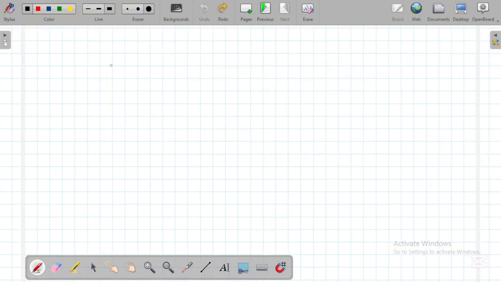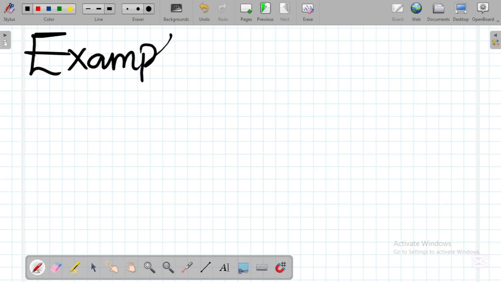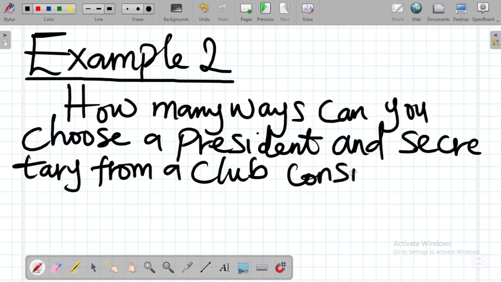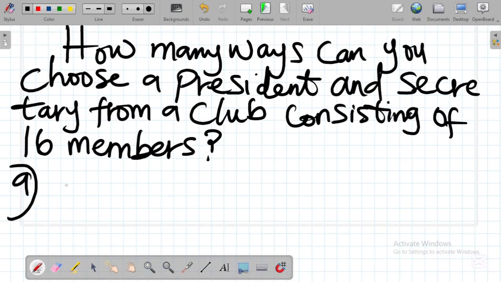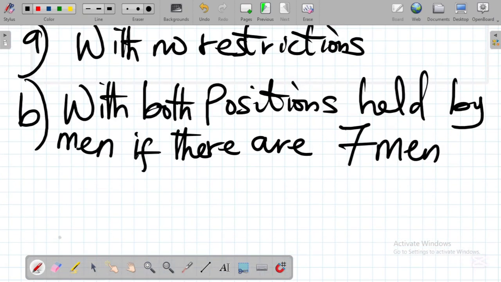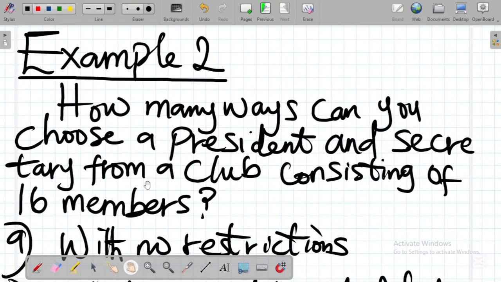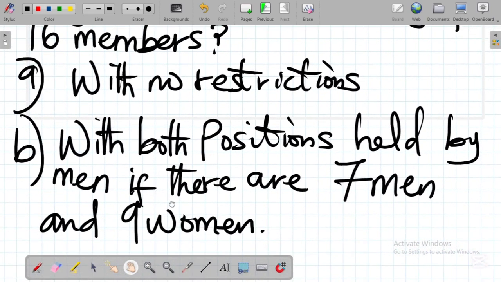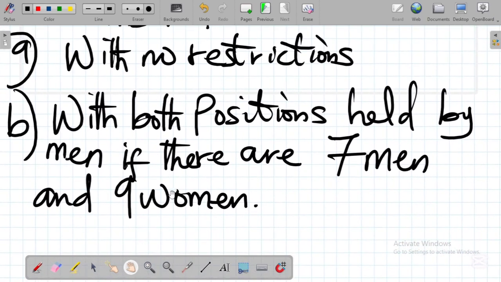Now let's consider another example. Example 2. How many ways can you choose a president and secretary from a club consisting of 16 members? A. With no restrictions. B. With both positions held by men if there are 7 men and 9 women.